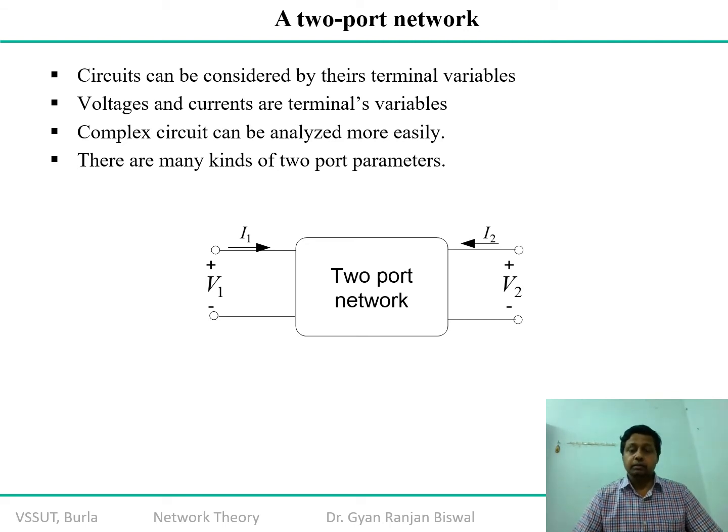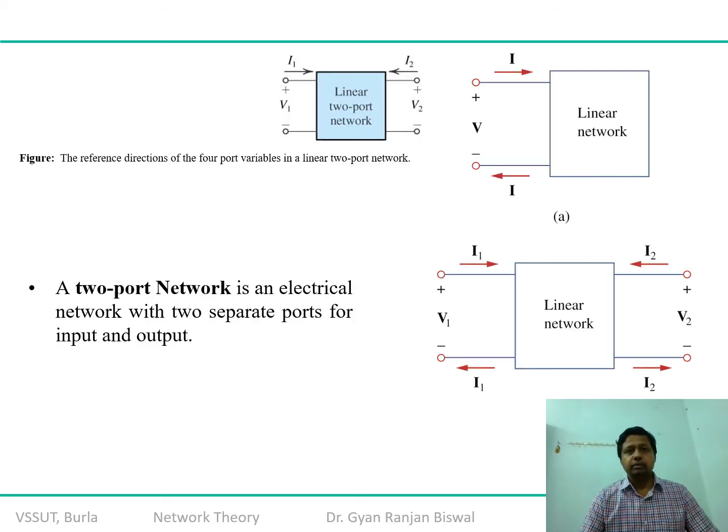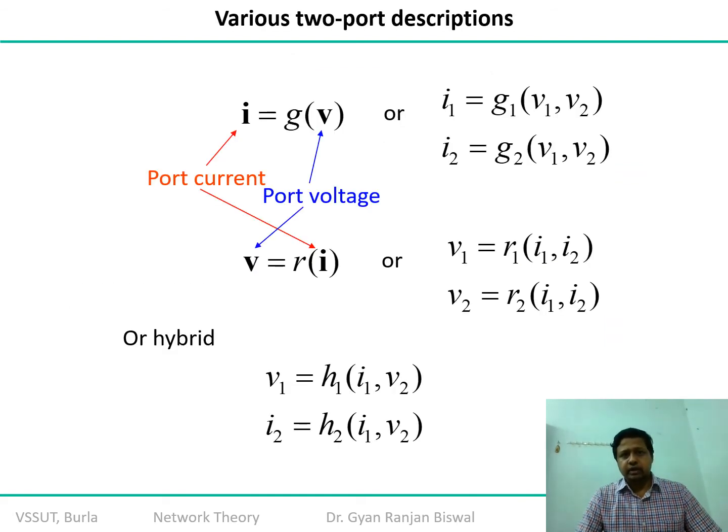But ultimately remember, under this topic our focus of discussion is the impact of a particular parameter, impedance parameter or admittance parameter, or transconductance or trans resistance, while you apply a short circuit or open circuit condition over a particular terminal. So let's see one by one. As demonstrated in this slide, a linear two-port network has one dedicated input port and an output port that we have already discussed.